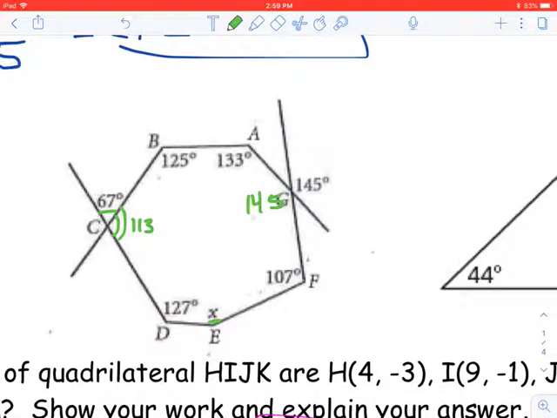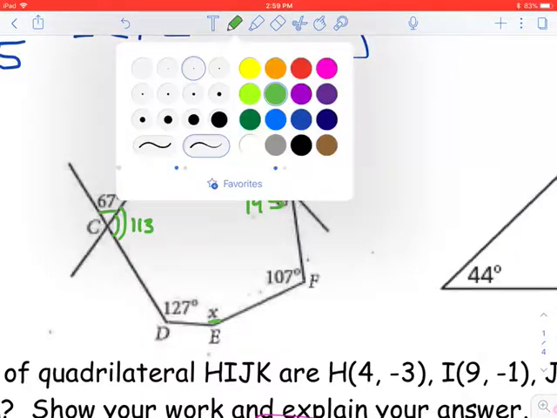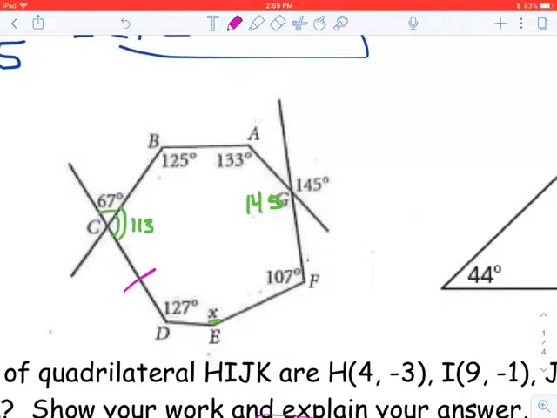Okay, so now let's figure out what sum we are going to be using. So 1, 2, 3, 4, 5, 6, 7 sides. So the sum is going to be 7 minus 2, which is 5, times 180. 5 times 180 is 900. So the sum is going to be 900.